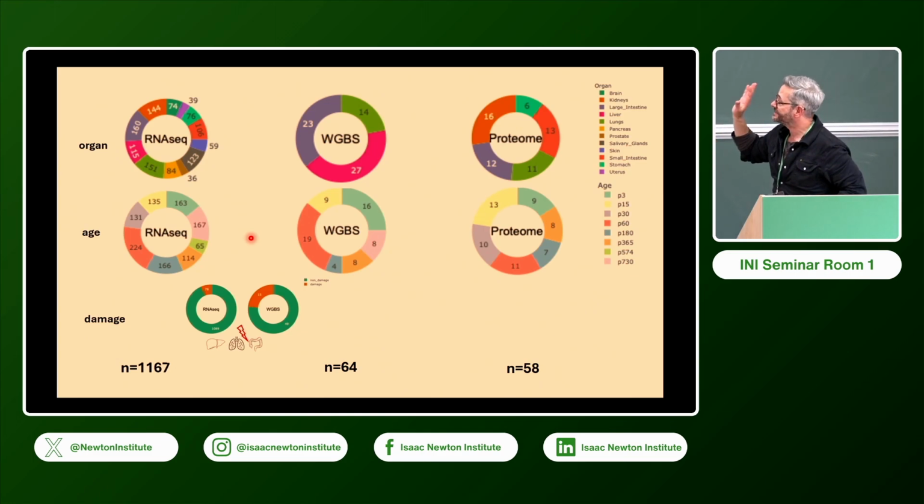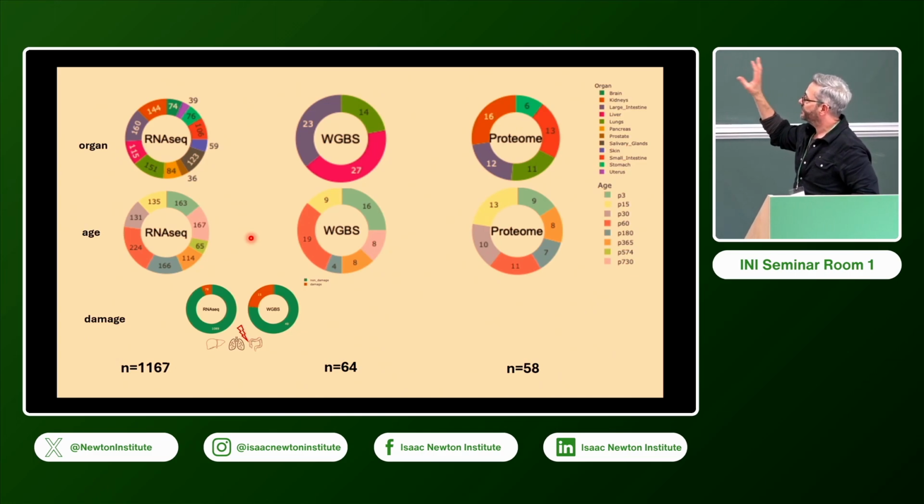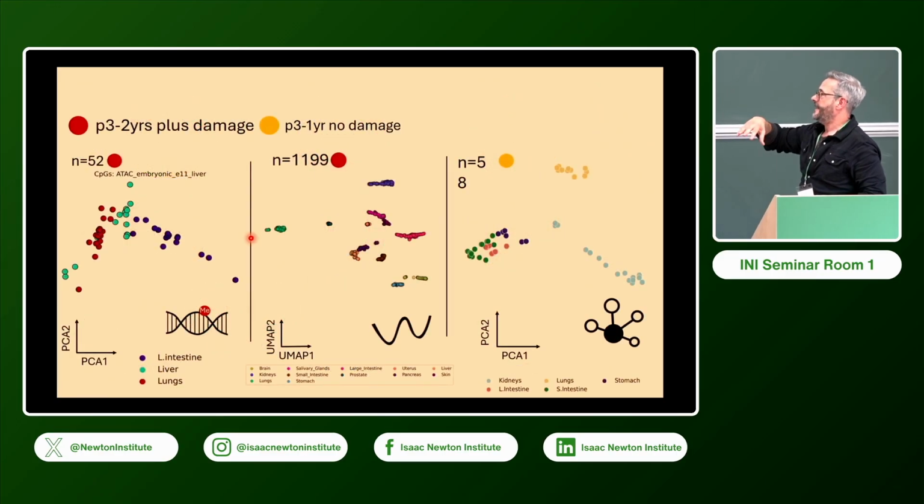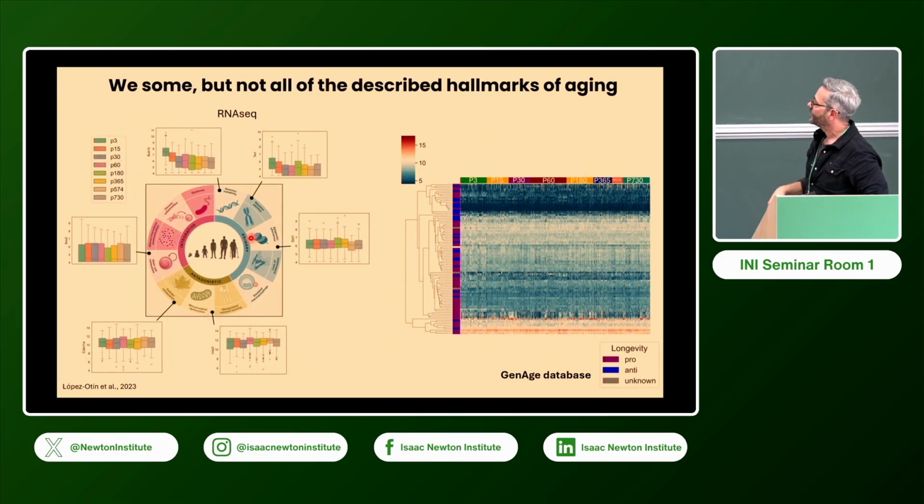I'm just going to show you a few slides, because we're just starting to analyze this. This is what the data looks like in terms of RNA-seq, whole genome bisulfite, proteome, etc. As you might expect, this data clusters quite nicely by organ site. On the left, we've got the whole genome bisulfite sequencing, proteome, and transcriptome. But just some initial analysis that we've done: obviously following the hallmarks of cancer, there are now the hallmarks of aging.